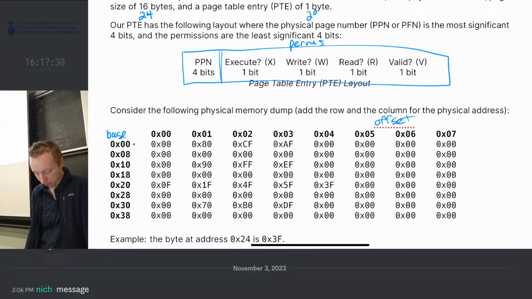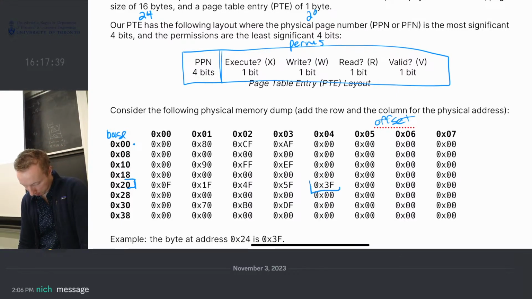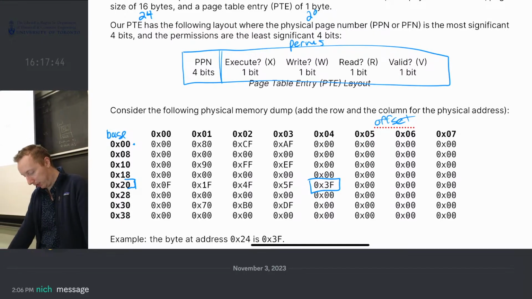If you wanted to look at address 24, you go here. It starts off at 2, and then plus 4, you would get this byte. So at address 24 in hex, you would have the byte 3F.